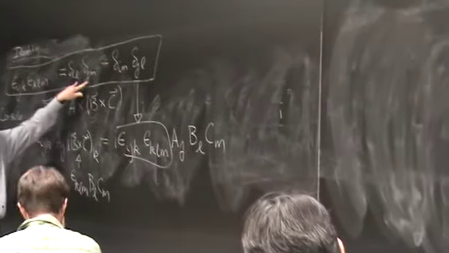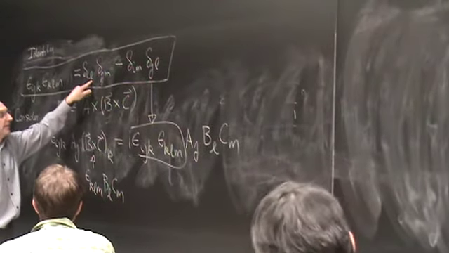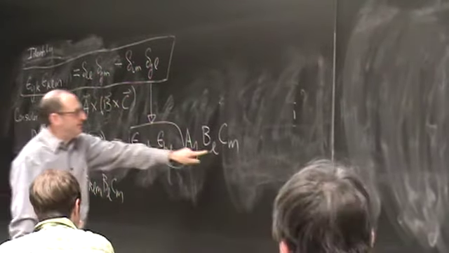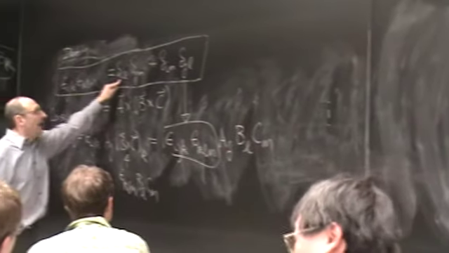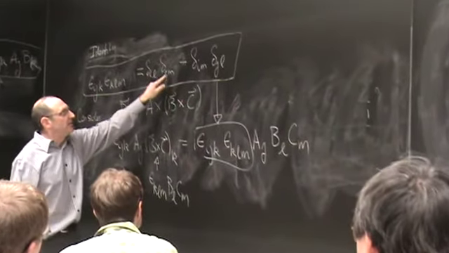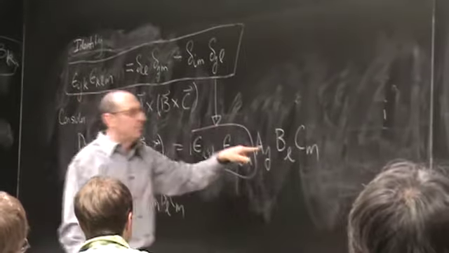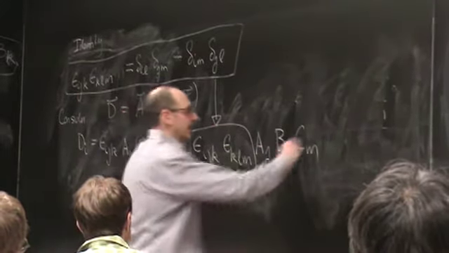Well, in the first term, I have a delta il, which means I replace l with i, and a delta jm, which means I replace m with j.